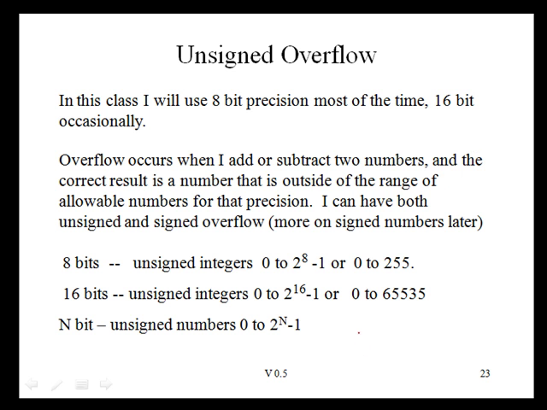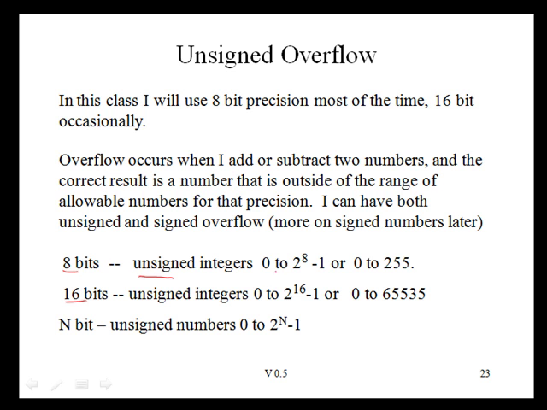When using a fixed number of bits to represent a number, that means that the number will be limited to a particular number range, and that number range will depend on if it's an unsigned integer or signed integer. We're going to initially just discuss unsigned integers, and we'll typically either use 8 bits or 16 bits for our number size.